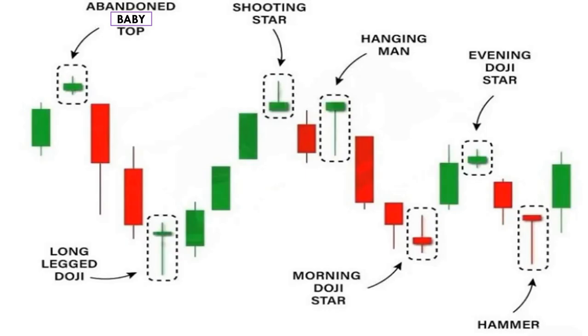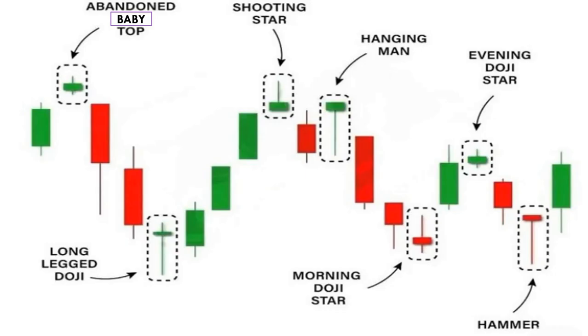When the fruit is hanging on a tree, it looks nice, but it can fall at any moment. We cannot guarantee that the fruit will always be hanging on a tree. It can fall. So similarly, when the prices move up, they can fall at any point of time. So that is known as hanging man.